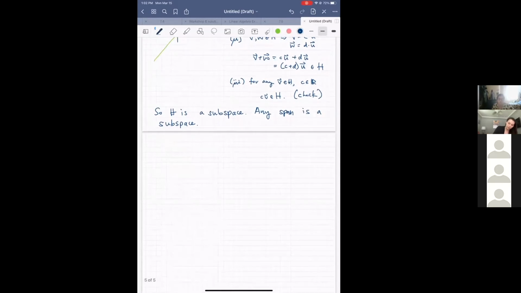Furthermore, if we have H written as the span of some collection of vectors like this, then we say that H is the subspace generated by those vectors.